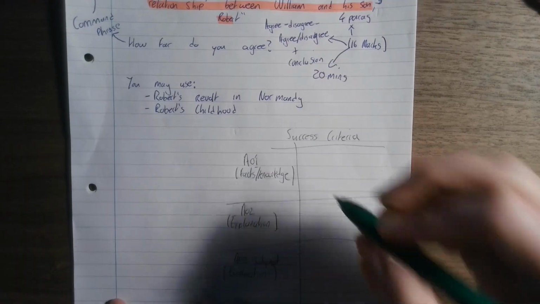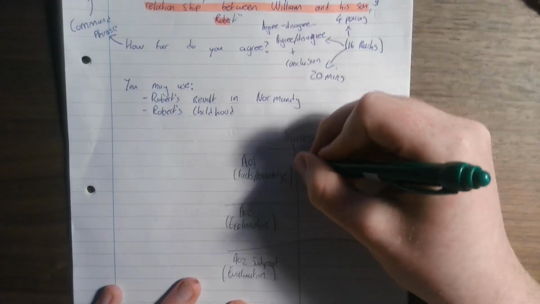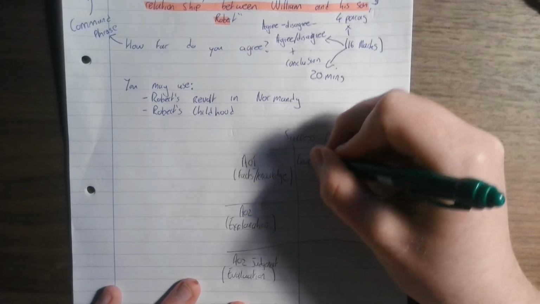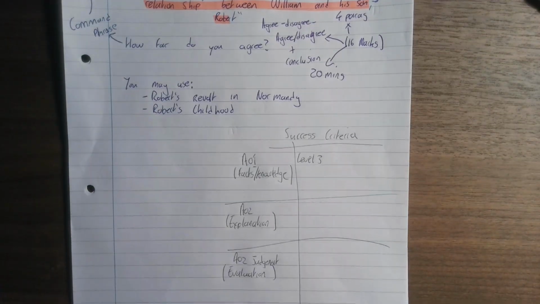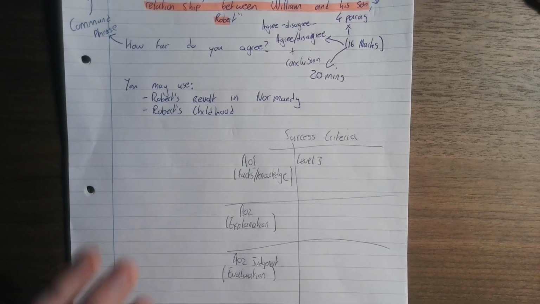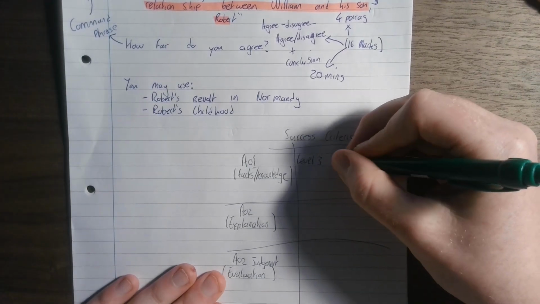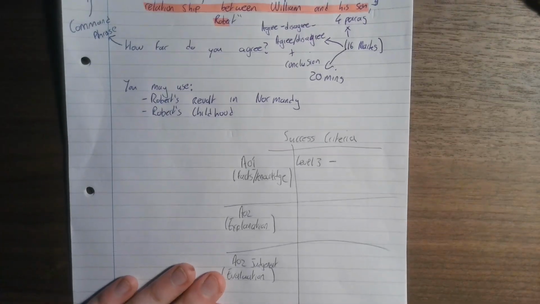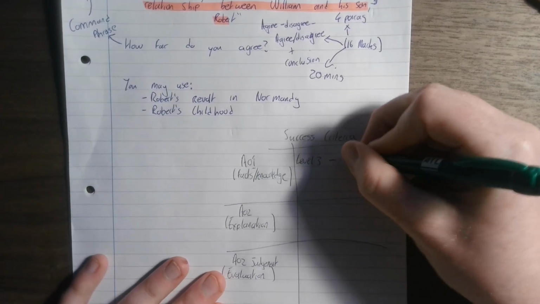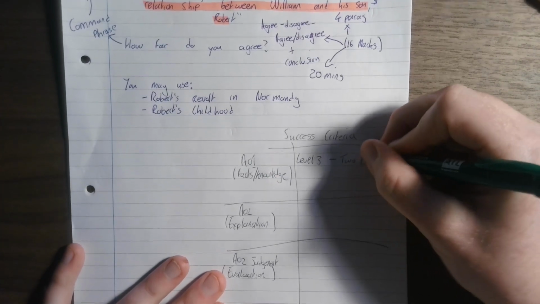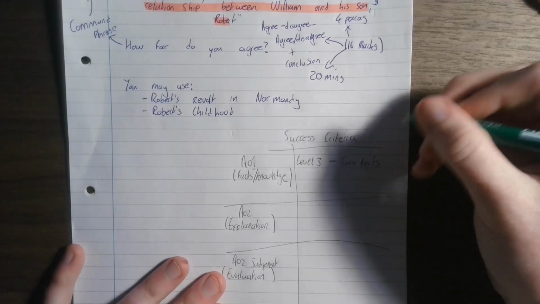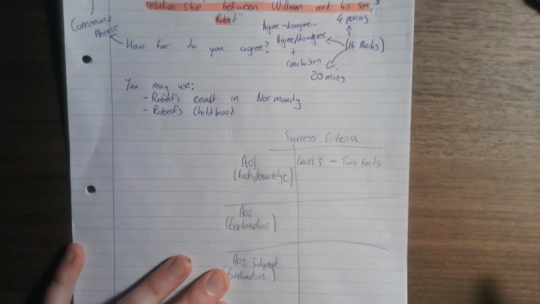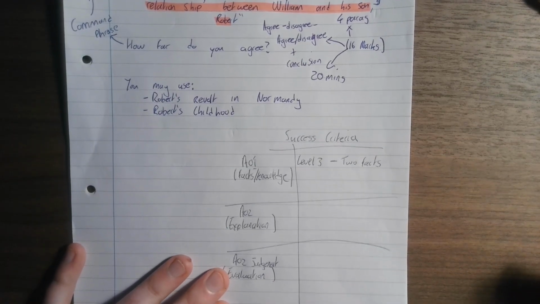So first and foremost, a level 3 would get you somewhere between a grade 4 to 7. In terms of your knowledge, that means that you must have 2 facts. So just like the last question, for every single paragraph, you've got to have 2 facts.